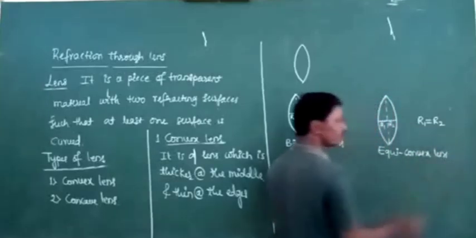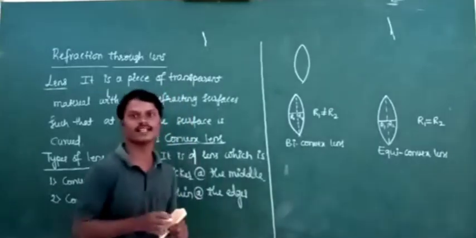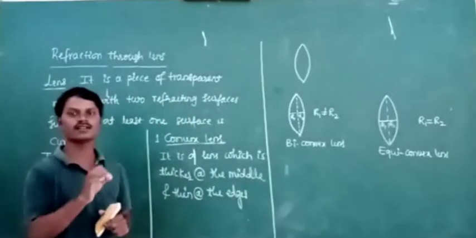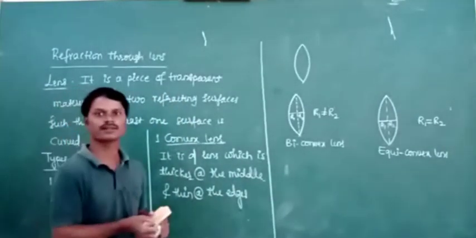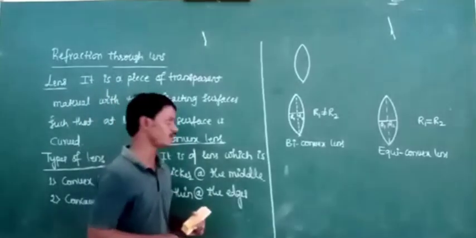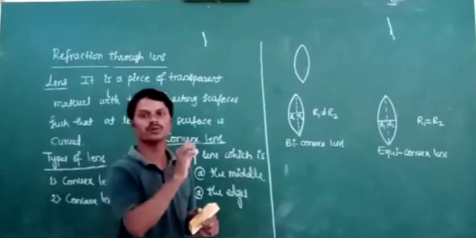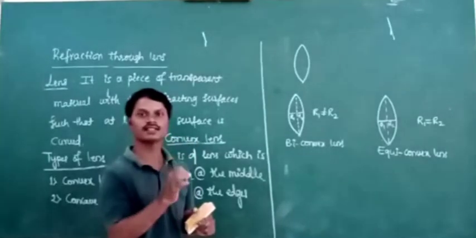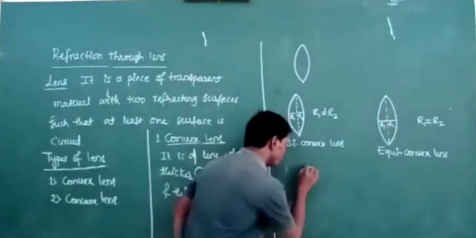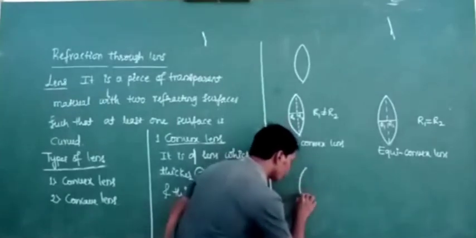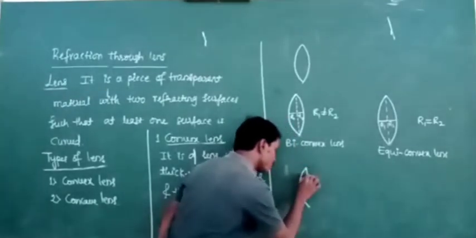And one more is there. What is that? Planoconvex. Planoconvex is a convex lens whose one surface is curved and another surface is plane. See, one surface is curved and another surface is plane.